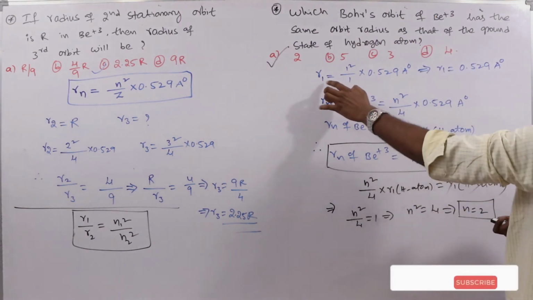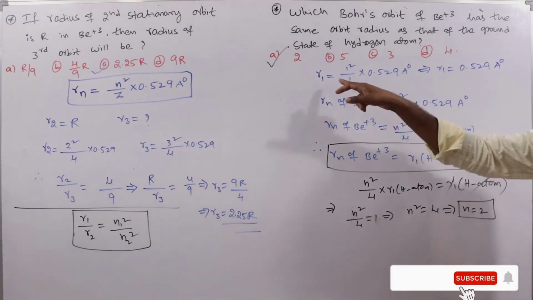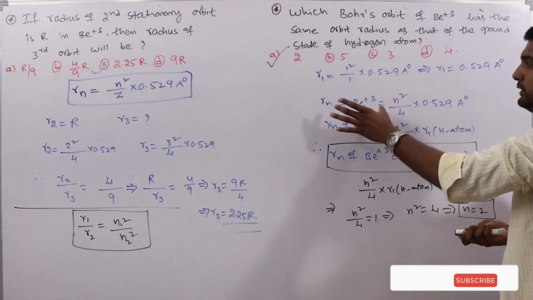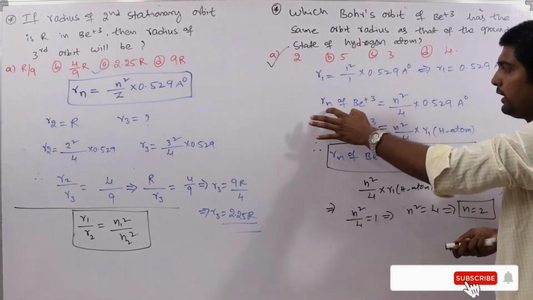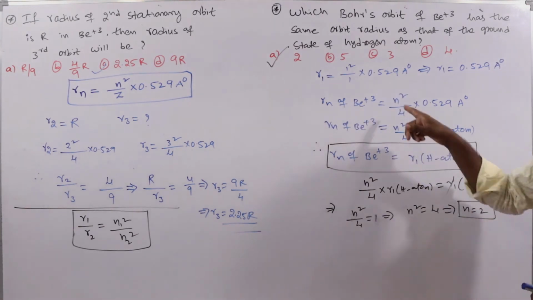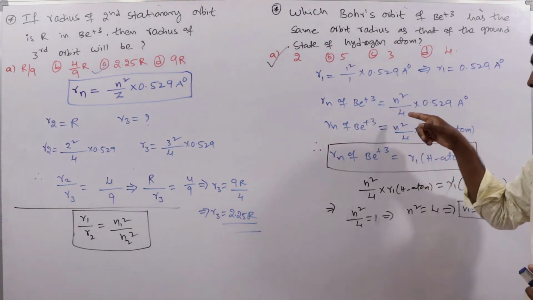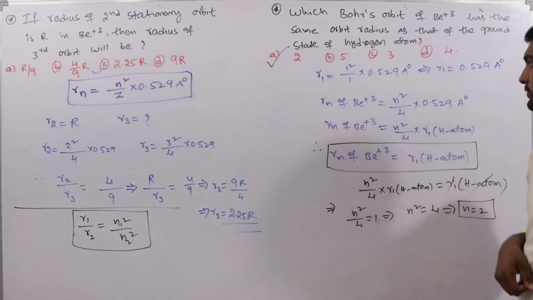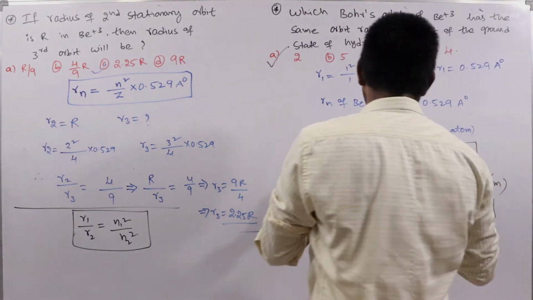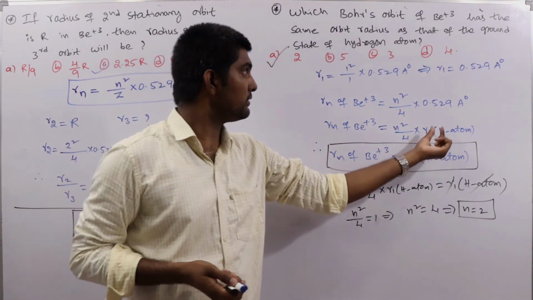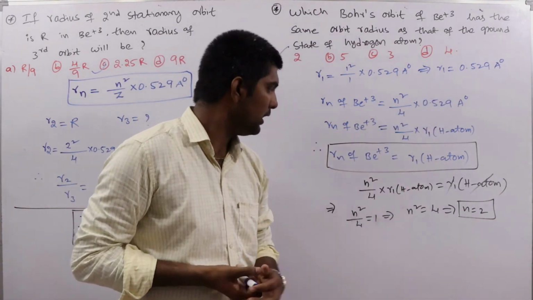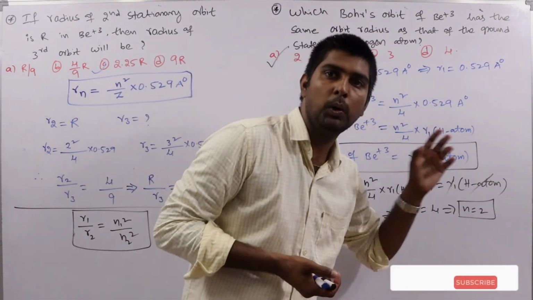First we calculated the R1 of hydrogen atom, and then this is the expression for Rn for beryllium plus 3. Now n we have to calculate for beryllium. Z is 4. By utilizing this condition we equated this one and this one, so finally we got the answer as n equal to 2.